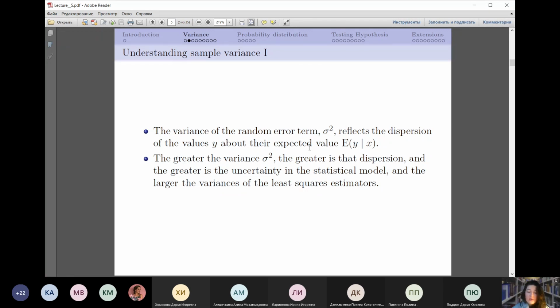When the variance of the error term is larger, the information we have about our coefficients is less precise.